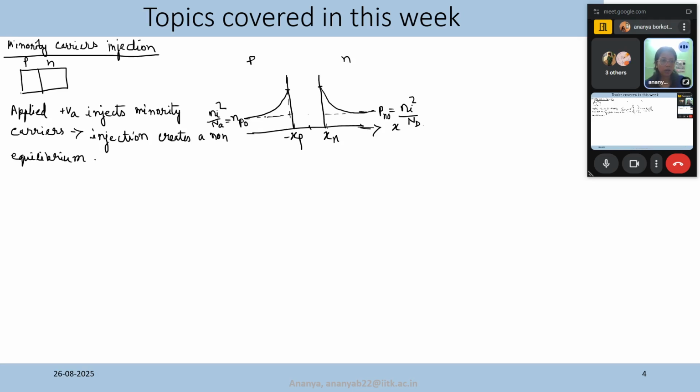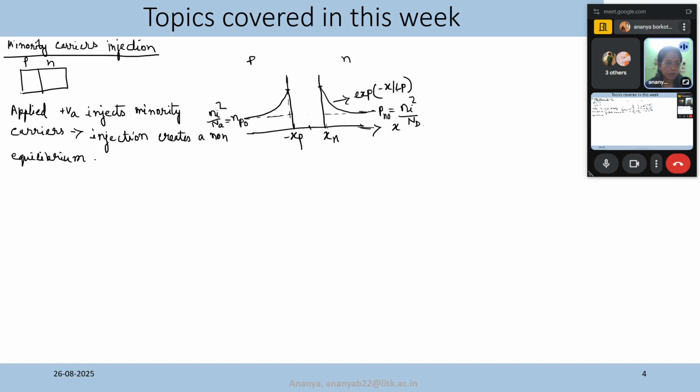Please go through the earlier lecture videos where non-equilibrium conditions were discussed. So how the exponential decay happens, we know that it happens like exponential of minus x by Lp. So Lp is the scale for the diagram.